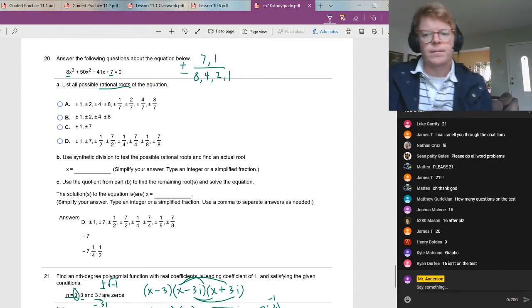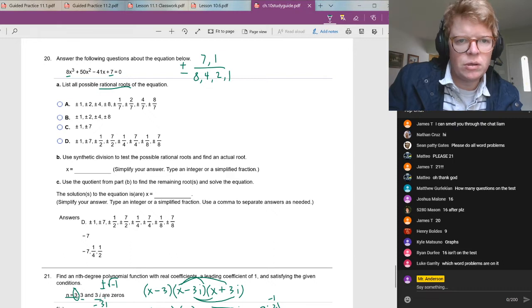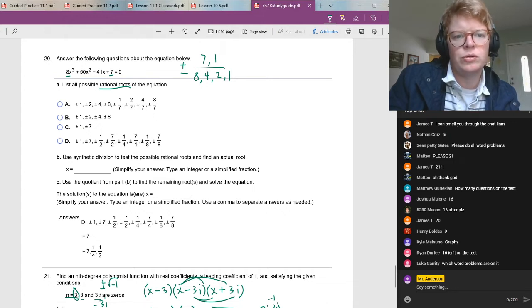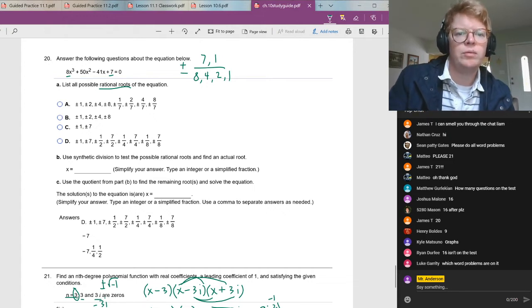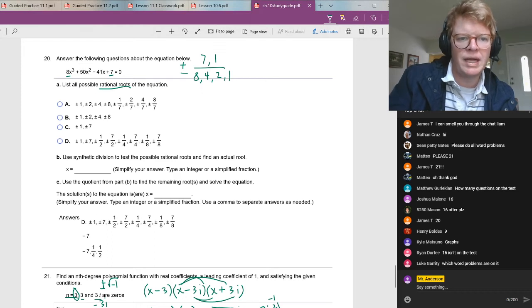Okay? So we got all of these. So our possible answers that we could have are 7 over 8, 7 over 4, 7 over 2, 7 over 1, 1 over 8, 1 over 4, 1 over 2, 1 over 1. And the only one that has those, where you have 7 over 8, is this one here. So this is our answer, D.